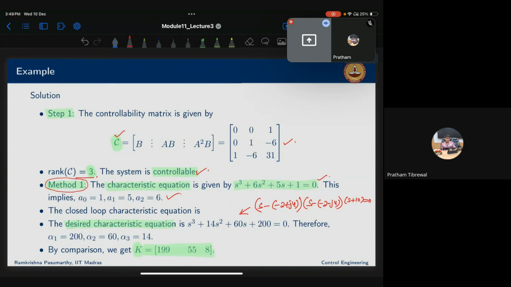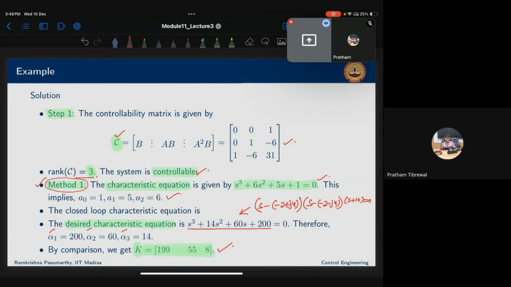If you calculate them, you get this, so you got alpha 1, alpha 2, alpha 3. Using method 1, you can find K as 199, 55, 8. I hope this is clear.